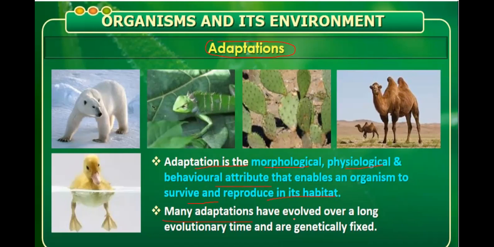Many adaptations have evolved over long evolutionary time and are genetically fixed. Sometimes a question will be there: define adaptation. So you have to include these three terms, morphological, physiological, and behavioral change that enables an organism to survive and reproduce in its habitat. That is called adaptation.